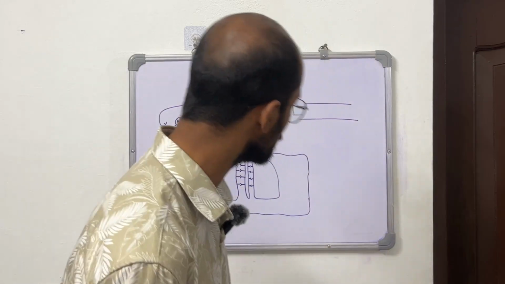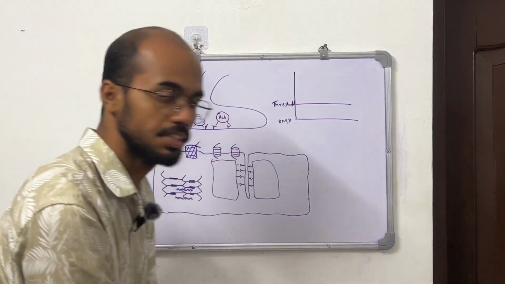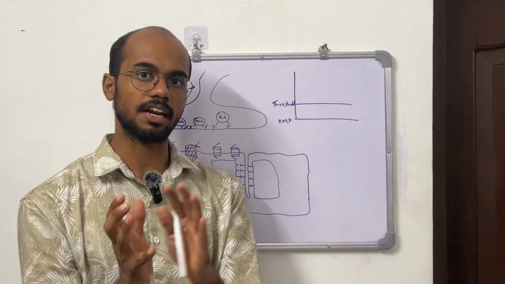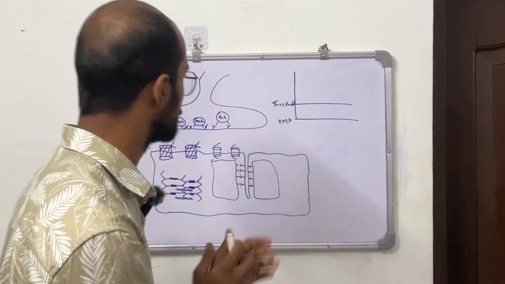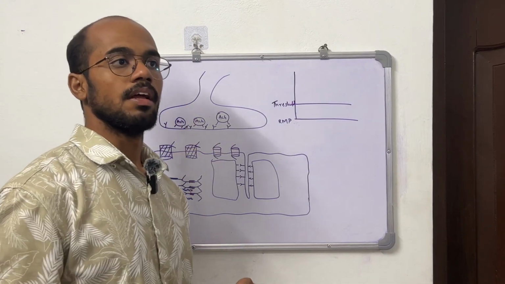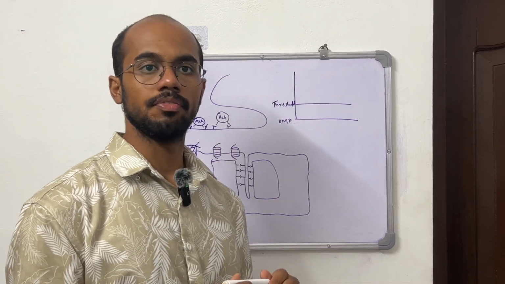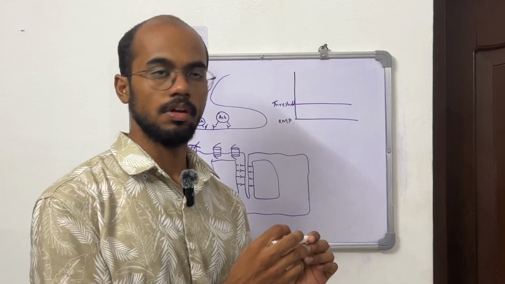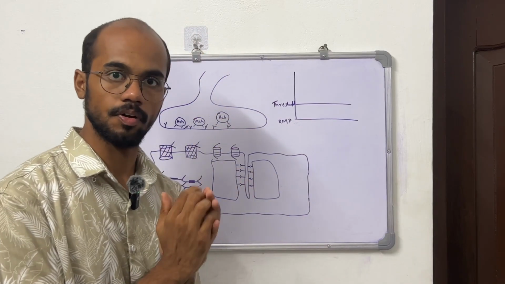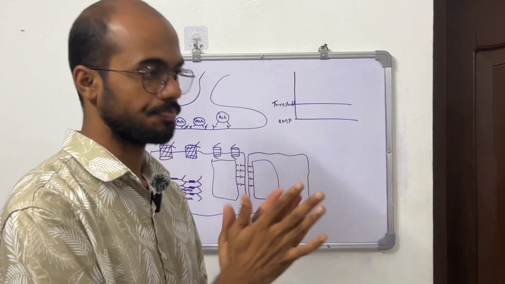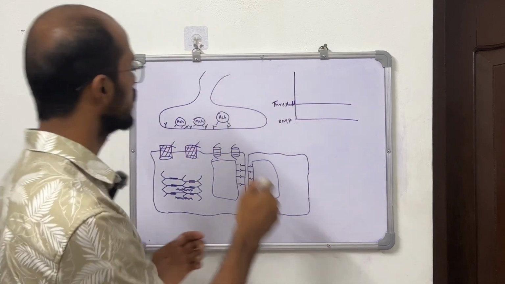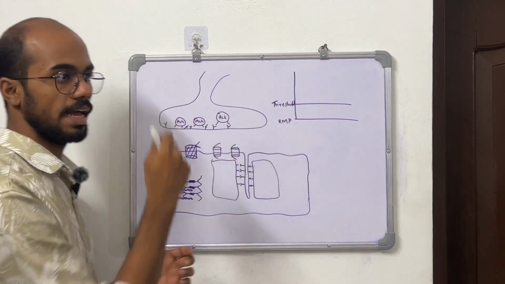Okay, so as you can see, there are a lot of figures. So let's just recap the story. Suppose a stimulus of enough threshold is applied to a neuron, and imagine it reaching the neuronal end.